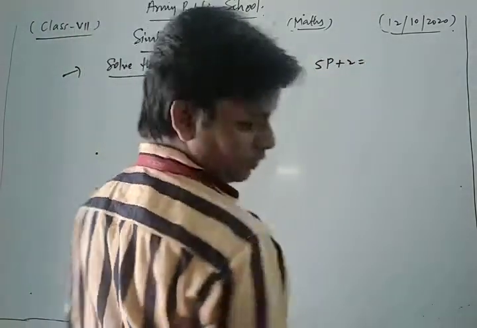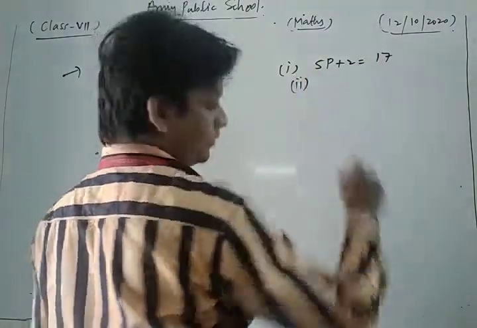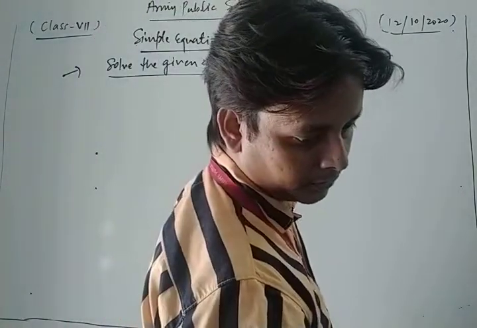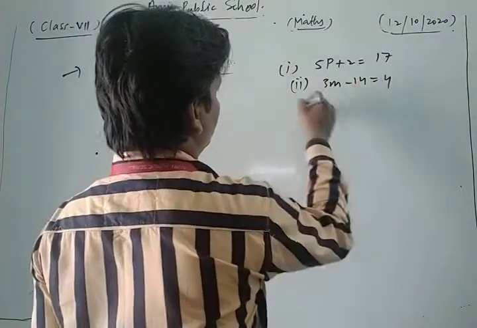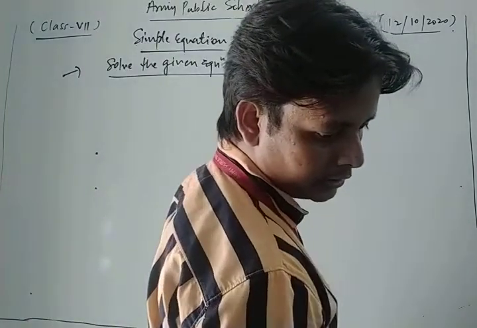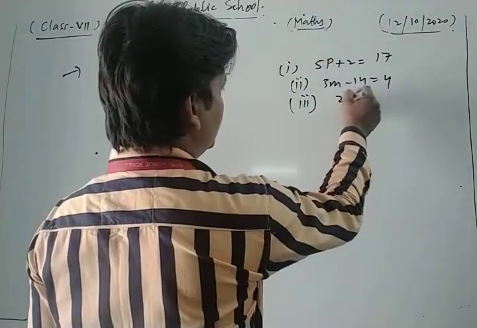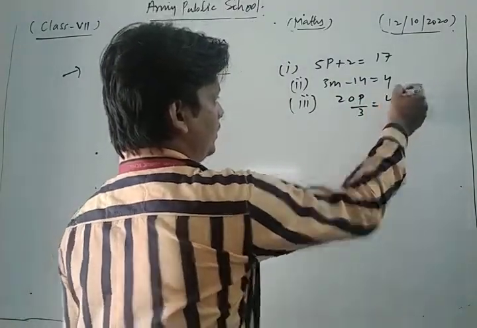The first equation is 5p plus 2 is equal to 17. Second one is 3a minus 14 is equal to 4. Third one is 20p upon 3 is equal to 40.